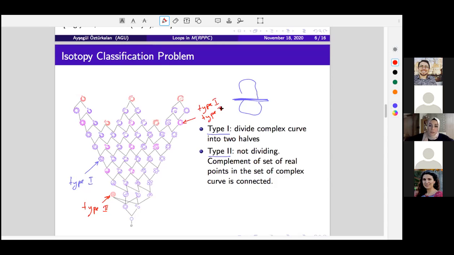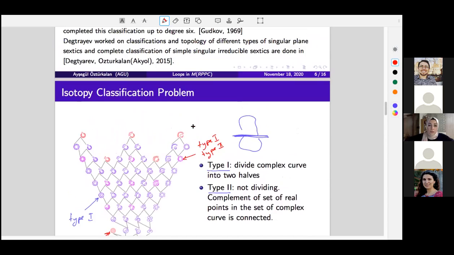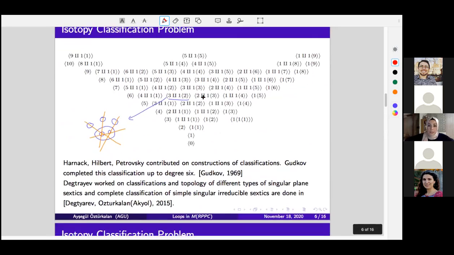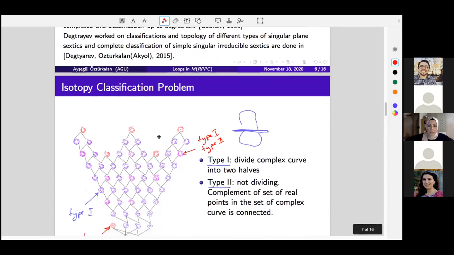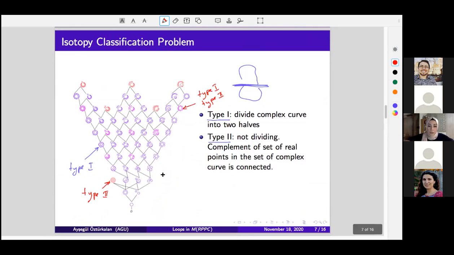For all these schemes, we have more detailed ones. For example, 3 ovals nested inside exists only with type 2 curves, with real degree 6 curves. The good side of this classification is this: every type 1 and type 2 class with a specific scheme is unique.